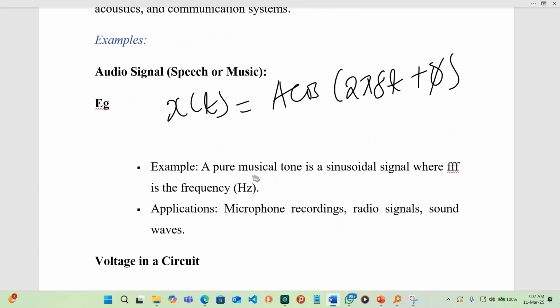This is seen in a pure musical tone. You find that this is a sinusoidal signal where f is the frequency in hertz. Applications, you can see it in microphone recordings, radio signals, sound waves, even as I'm recording myself. This can come as a sinusoidal wave signal.